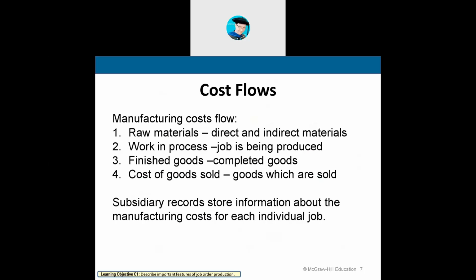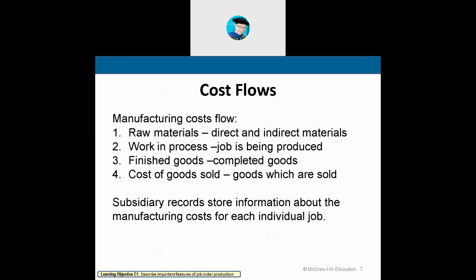And then at the end of the assembly line, the car rolls off and it becomes what we call a finished good. That means it's complete. Done building the car. Now it's available for sale. When I sell the car, it becomes what we call a cost of goods sold.